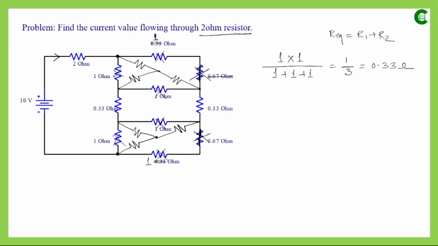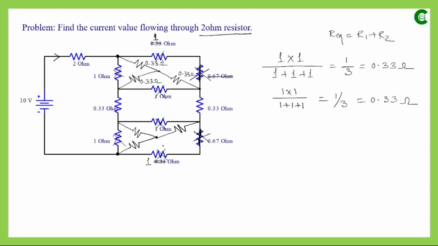Similarly, to find the value of this resistance, it will be this 1 ohm into this 1 ohm divided by 1 plus 1 plus 1 ohm. So it will be again 1 by 3 or 0.33 ohm. And since the values of these three resistances are the same, which is 1 ohm, if we find the value of this resistance, that will be 1 by 3 or 0.33 ohm only. So the values of these three resistances are 0.33 ohm, and this will be again 0.33 ohm.